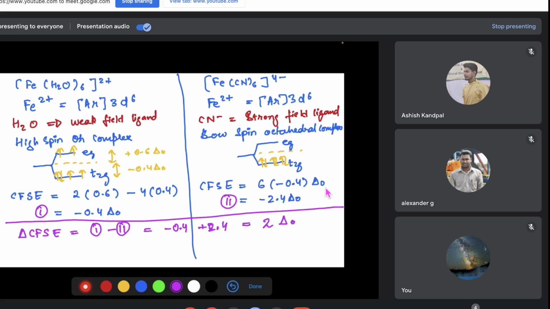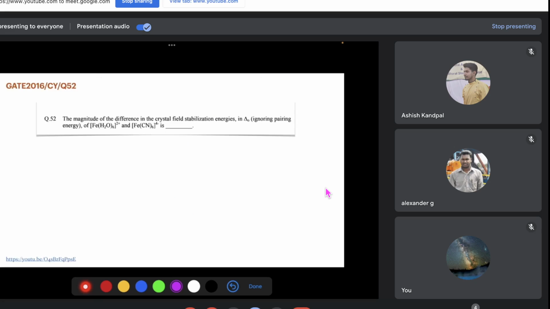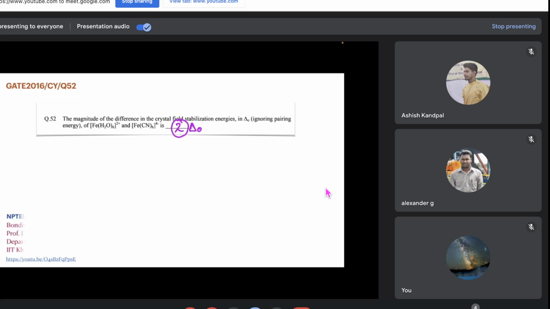You can take it as 2 minus 1 also, because we are going to get the magnitude only. So the magnitude of the difference in the CFSE in delta naught units for each complex is 2, taking only the magnitude.